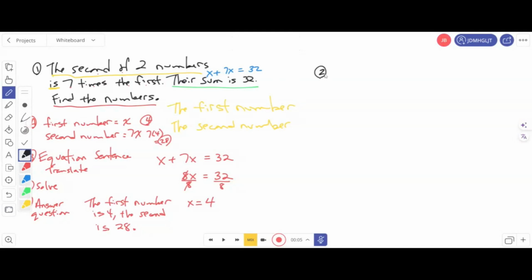Look at number 2. Number 2 says the second of two numbers is 5 more than twice the first.